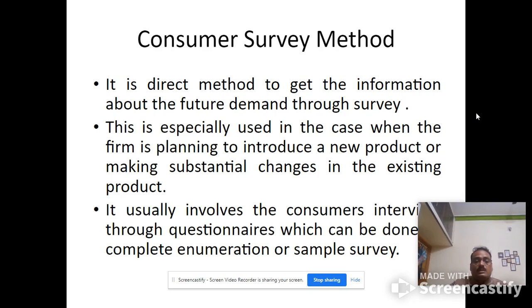This is especially used in case when the firm is planning to introduce a new product or making substantial changes in the existing product.